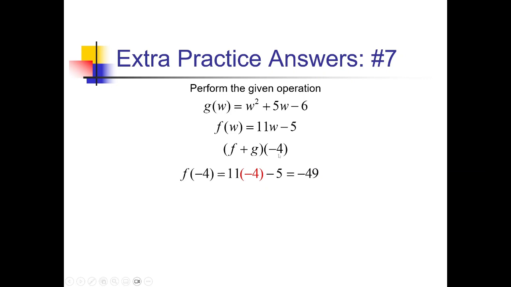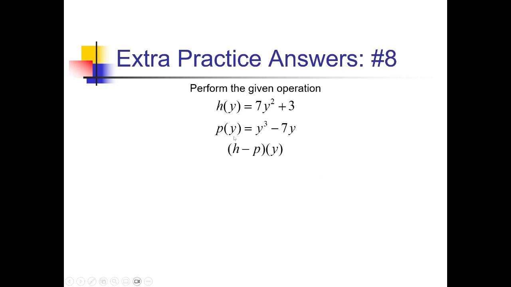Next, we're going to do g of negative 4, which is going to be negative 4 squared plus 5 times negative 4 minus 6. Negative 4 squared is 16. This is going to be a negative 20 here. 16 minus 20 is negative 4. And then negative 4 minus 6 is negative 10. So at the end of this, I'm doing negative 49 plus negative 10, which comes out to negative 59.